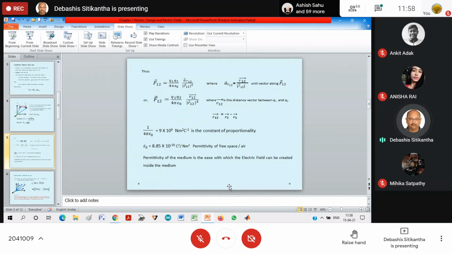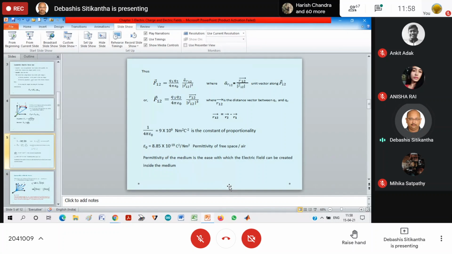Next, in the slide, we came across writing the equation of this electric force either in terms of the position vectors or the distance vector. So over here I have mentioned it. Next, we have studied about the constant of proportionality, and mathematically if you calculate 1 by 4 pi epsilon 0, you get the value 9 into 10 to the power 9 Newton meter square per Coulomb square.